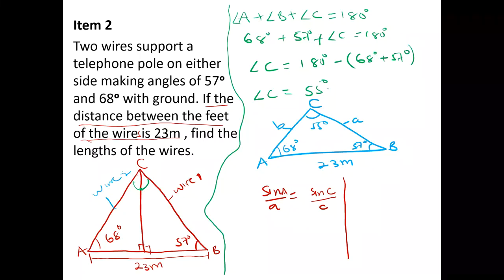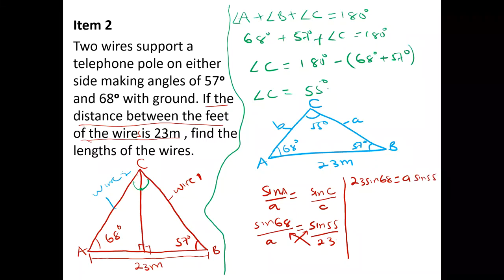So we shall come and we say that sine 68 divided by small a is equal to sine C, which is sine 55, divided by small c, which is 23. Then from here you can cross multiply. 23 sine 68 is equal to a sine 55.